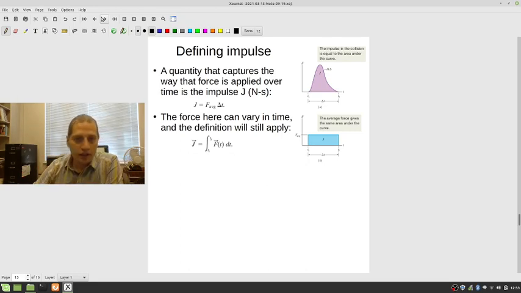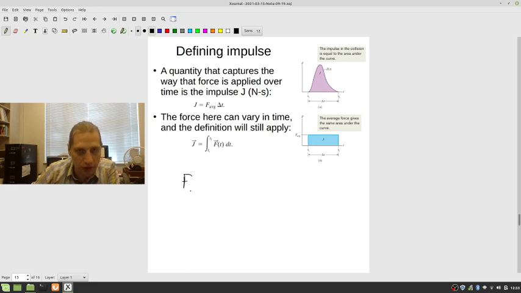So the quantity that we're calling the impulse has units of newtons times seconds. It's because the impulse is just the force that I'm applying times the time that I'm applying it. And it doesn't really matter if this is a constant force or not. I can apply more force and then less force. Overall, this is sort of averaging out to some average force.